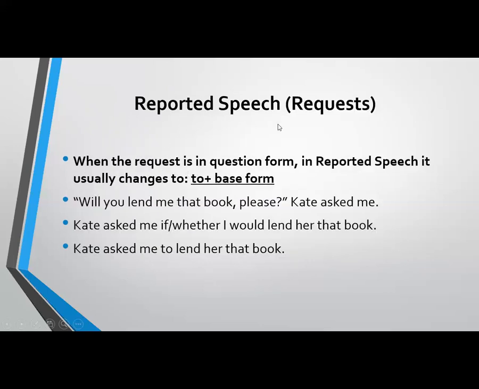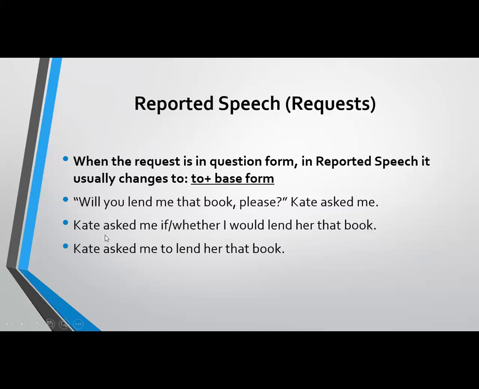Reported speech requests. When the request is in question form, in reported speech, it usually changes to "to" plus base form. "Will you lend me that book, please?" Kate asked me. Kate asked me if or whether I would lend her that book.